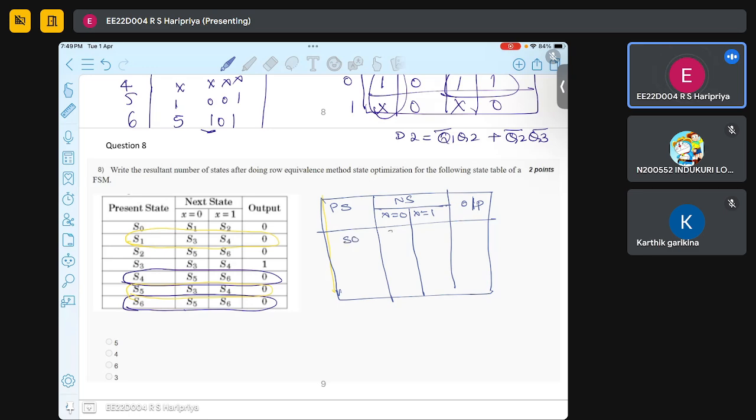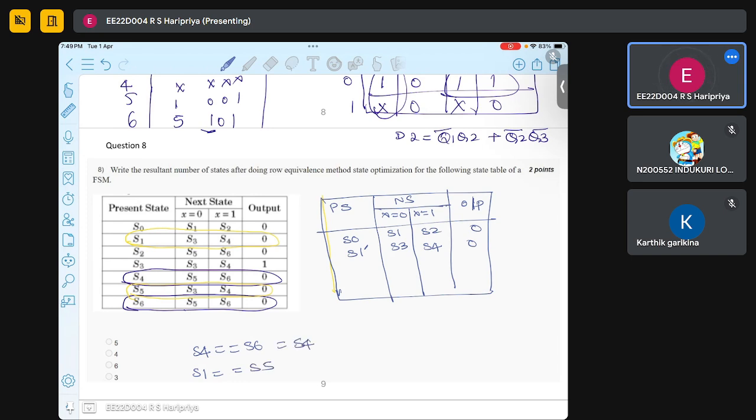S0 is same, S1, S2, 0. S1 dash, S3, S4, 0. Like we want this and this. So S4 is equivalent to S6, S1 is equivalent to S5.